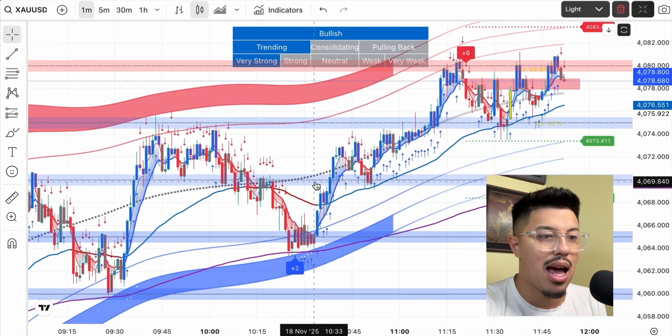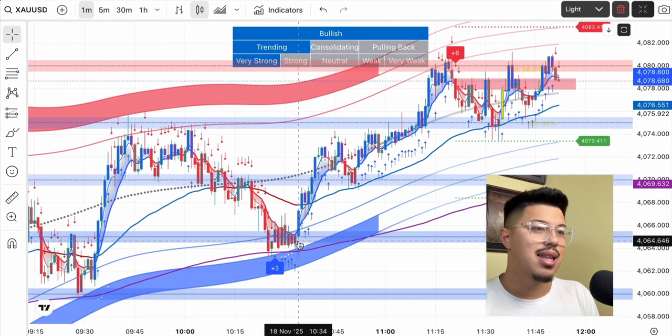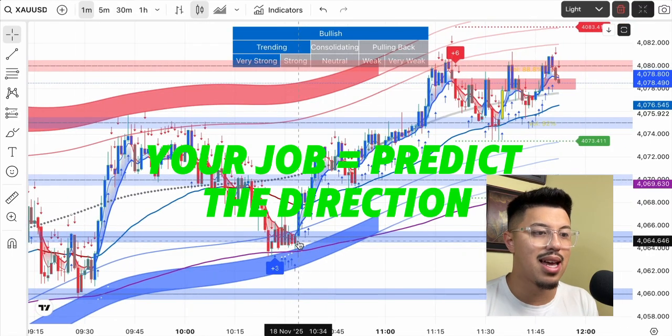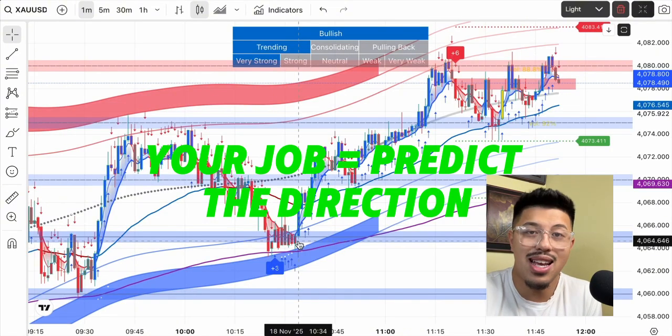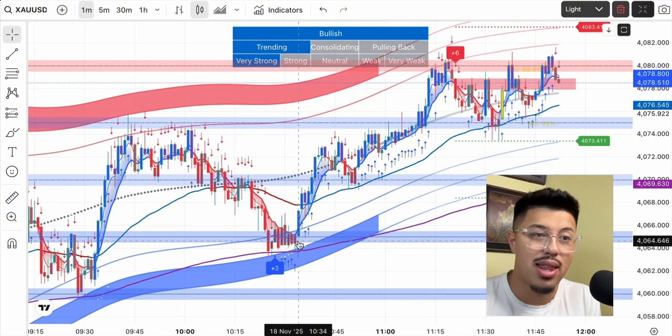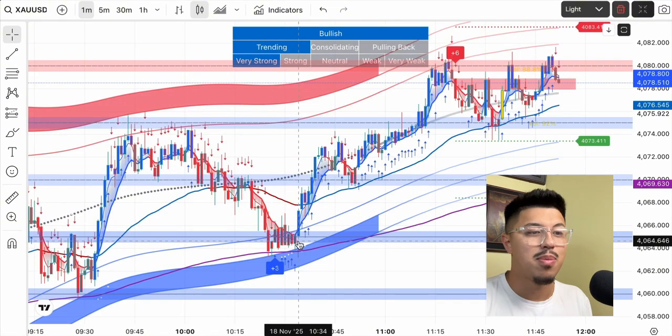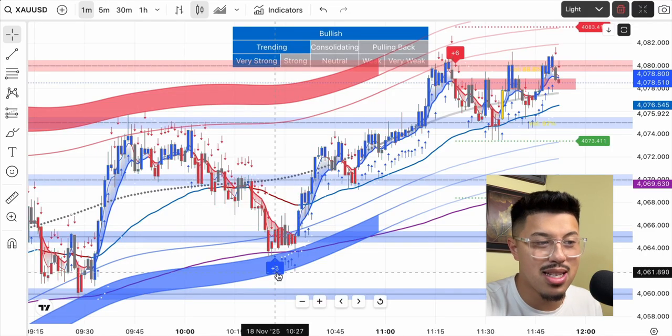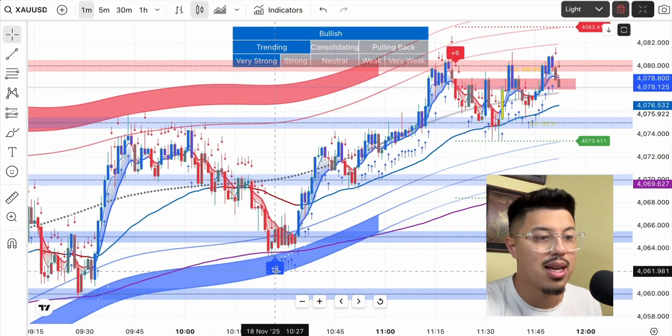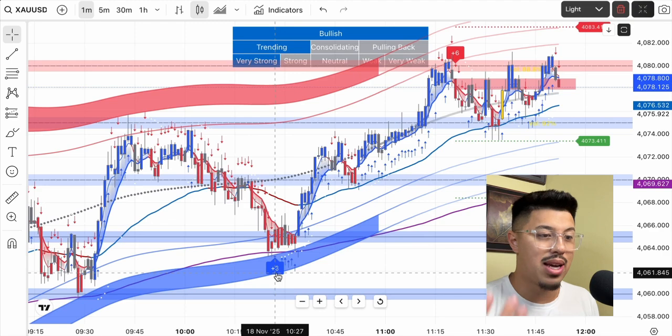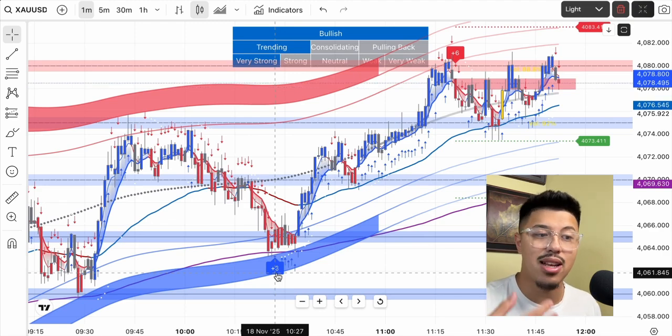So how does it work? Well, basically, the way that trading works is that your job is to predict the direction of the market. Thankfully, we have Sniper Pro that helps us actually do that. So let me give you an example. This is a scorecard on Sniper Pro, and it said, hey, there's 3 big reasons, patterns, to actually enter for a buy right now.